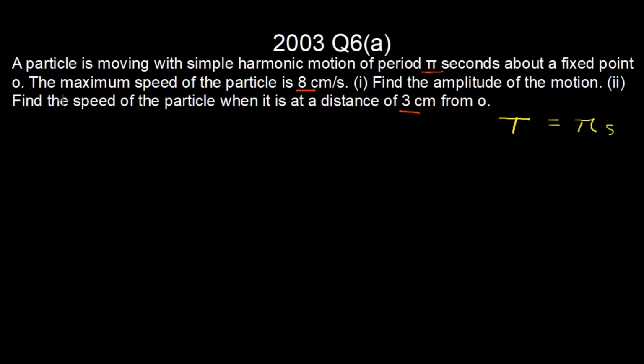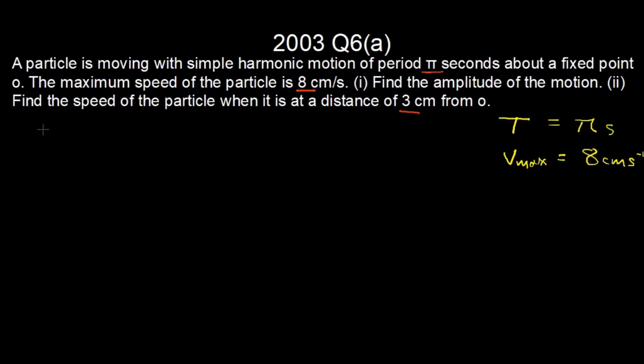I know that the maximum speed of the particle is 8 centimeters per second, so the maximum velocity is 8 centimeters per second. And from there, we have the first part, which says find the amplitude of the motion.